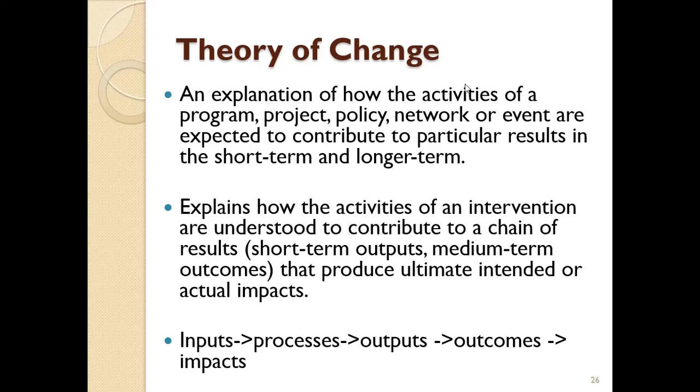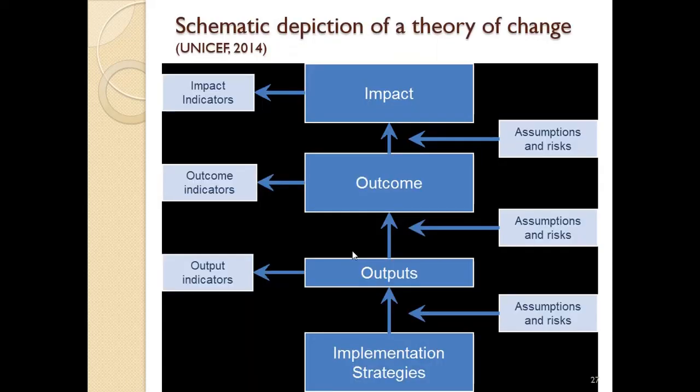So the theory of change shows a flow of how results are expected to be achieved for a certain intervention. This is a schematic depiction of a theory of change. You have implementation strategies or activities and inputs which would lead to outputs, considering that certain factors and assumptions are held to be true, and then you have your outcome, and then you have impact. So such a chain of results is what relates to the theory of change.